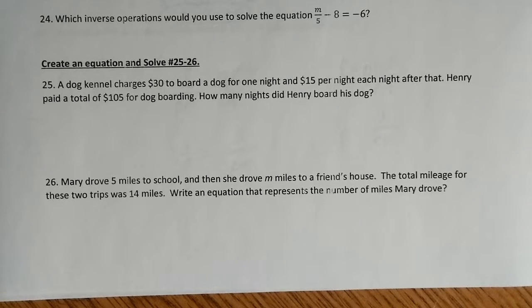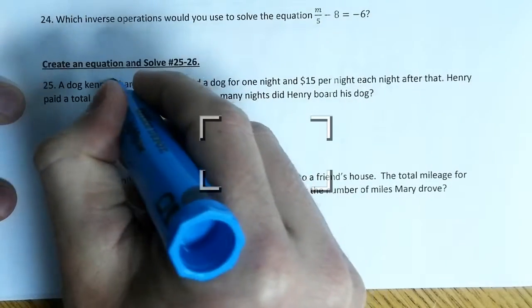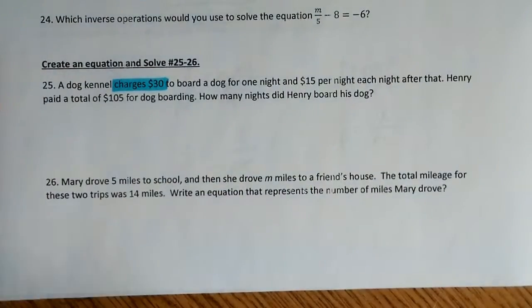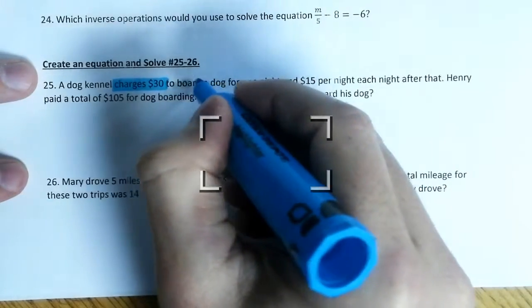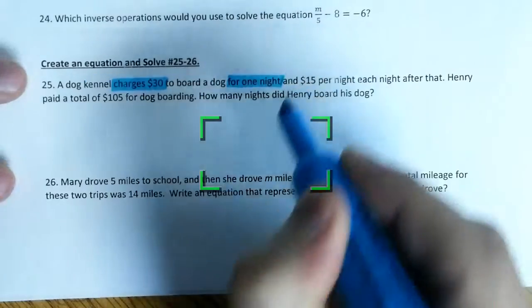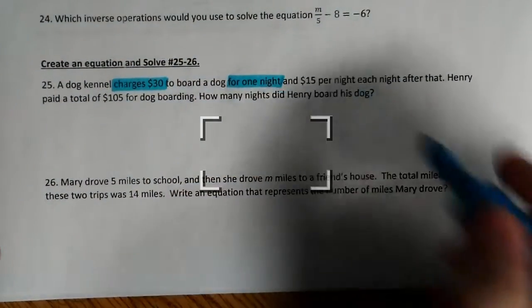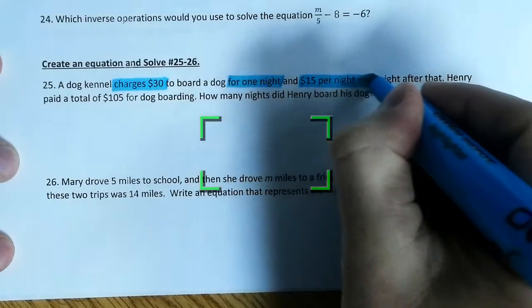Nice, very good. All right, so what is some key information here that we need to highlight? What's important? Charge $30. What is that $30 though? Charge $30 for what? Yeah, for one night. $15 per night.